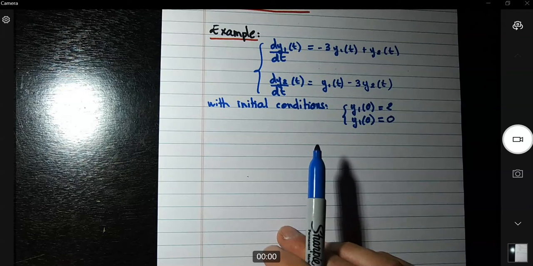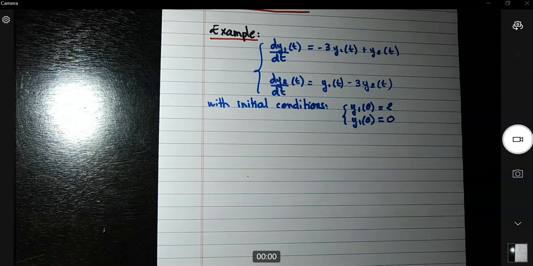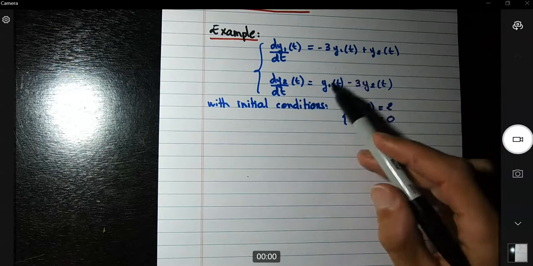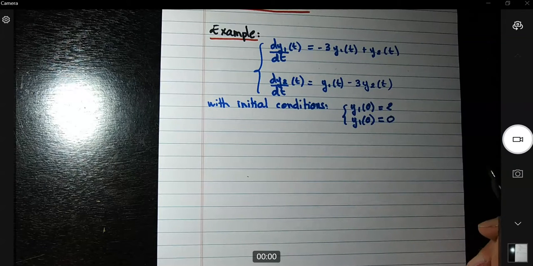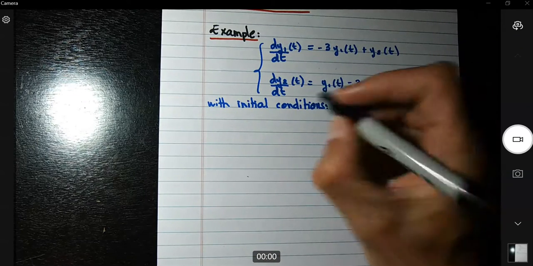So that means that we can attempt to find an analytical solution for this system of ODEs where the number of equations is 2. So first thing, because it's easier, let's just rewrite the above equation in vector form.